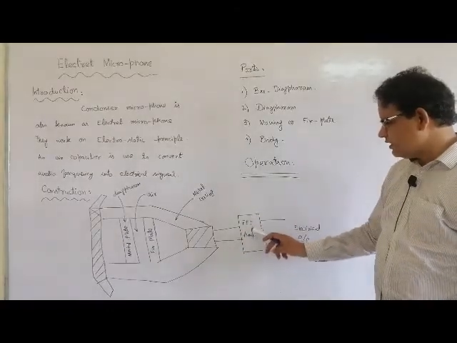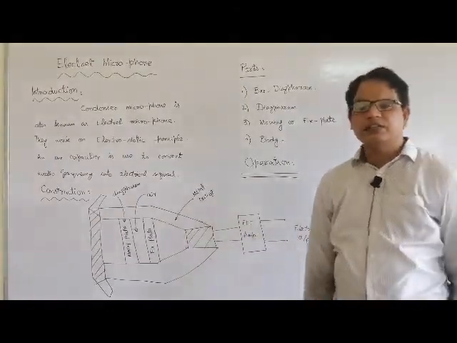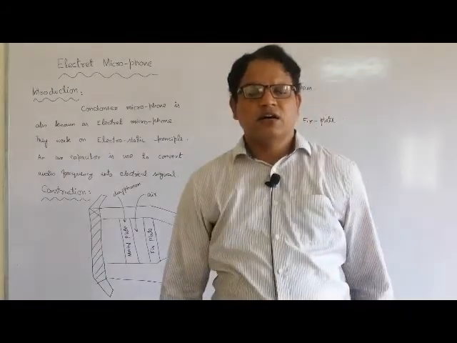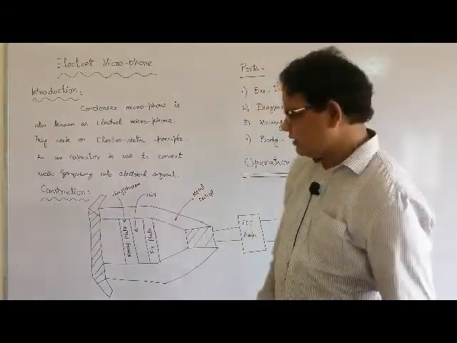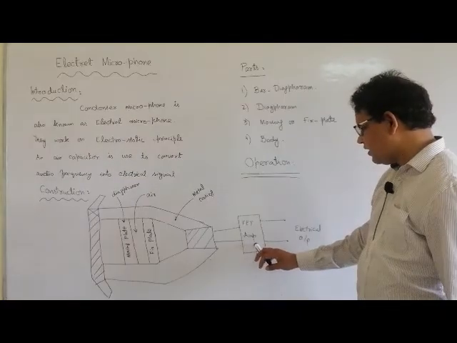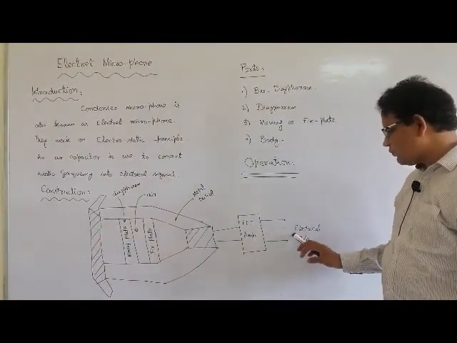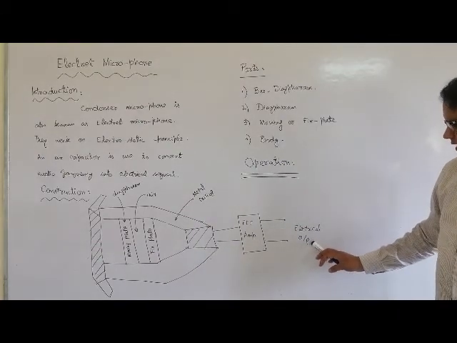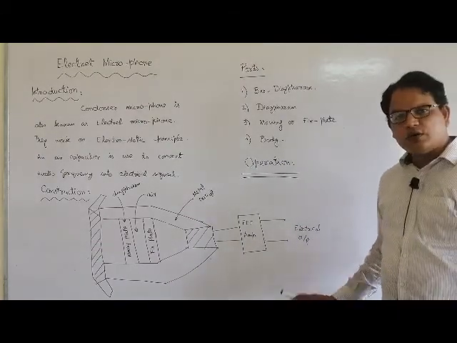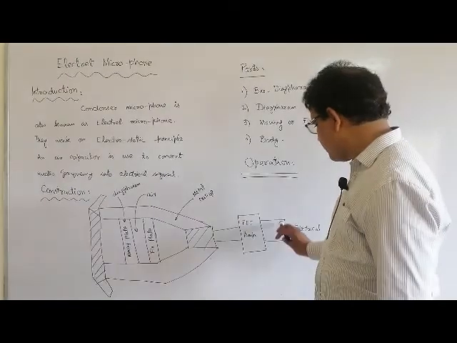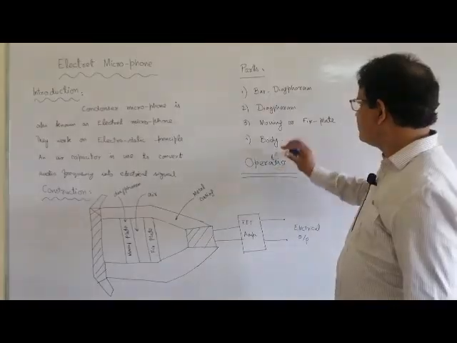Those are connected with an FET amplifier, basically a field effect transistor amplifier. The field effect transistor amplifier works in the forward bias position and gives us an electrical signal output from both its terminals.